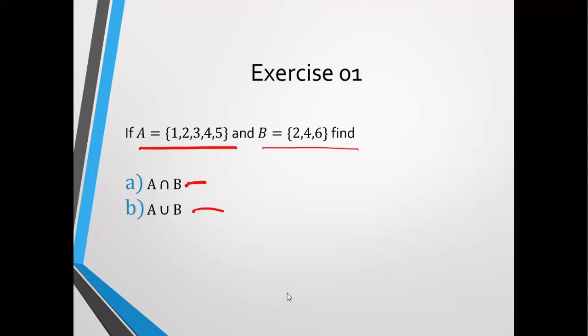A intersection B means elements that are common for both A and B. What are the common elements? Set B has number 2 and event A also has number 2. Now 2 is a common element. Another one, tell me. Yes, 4. 4 is again common for both.